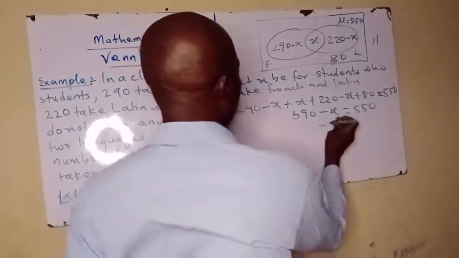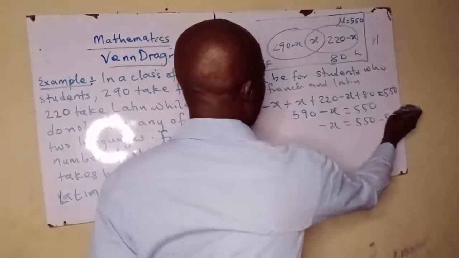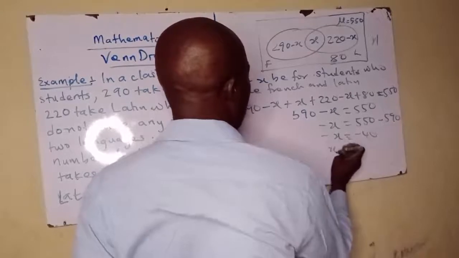That means minus X equals 550 minus 590, and that will be minus X equals minus 40. X will now be equal to 40.